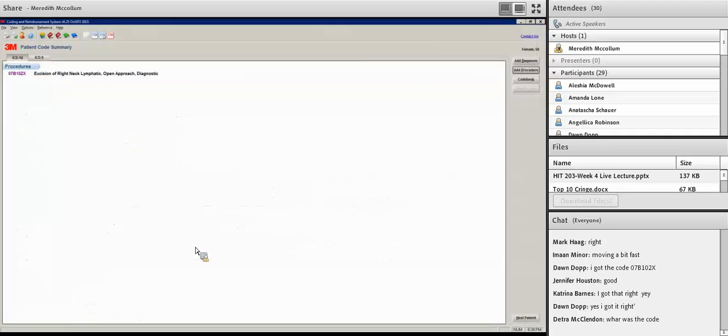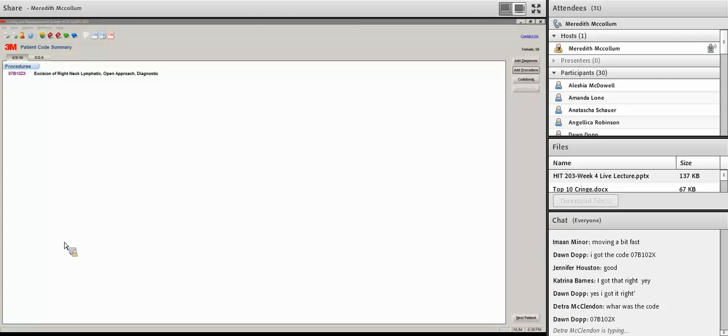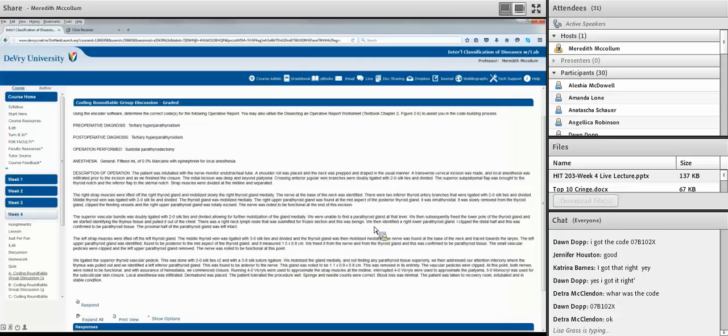The code was 07B10ZX. So that is my argument on this, and I stick to it.